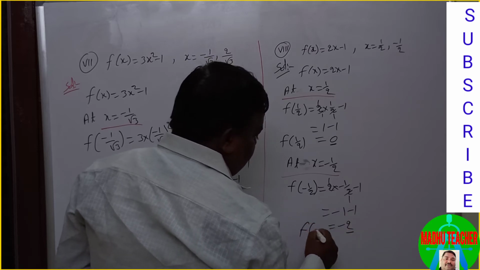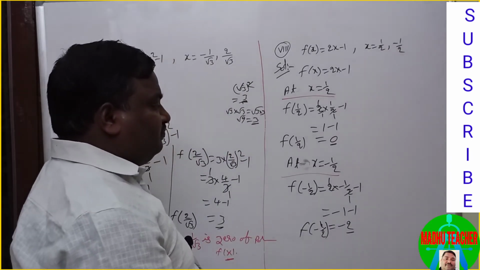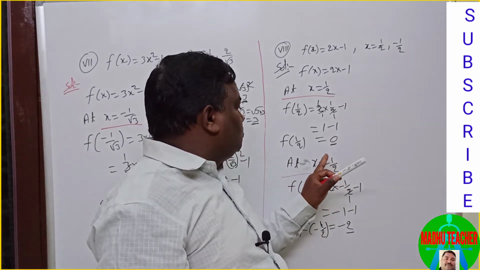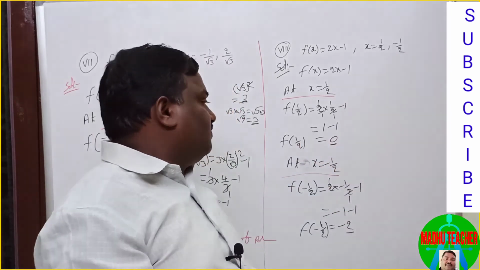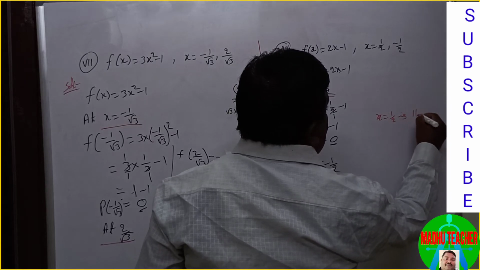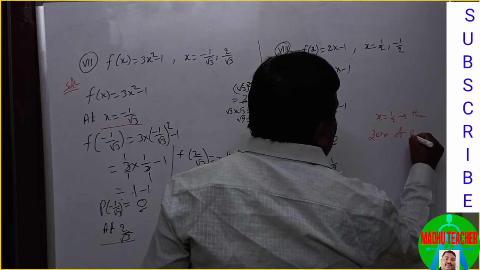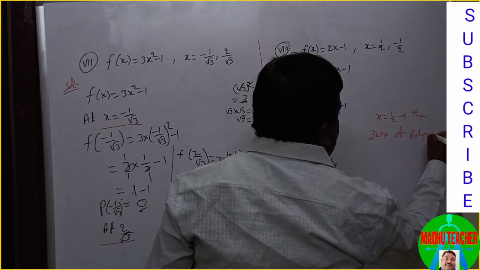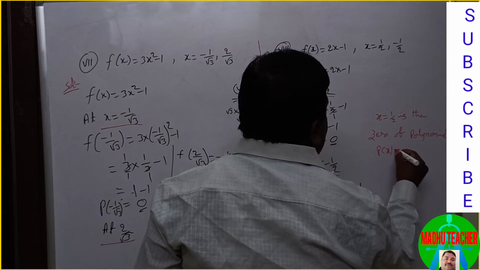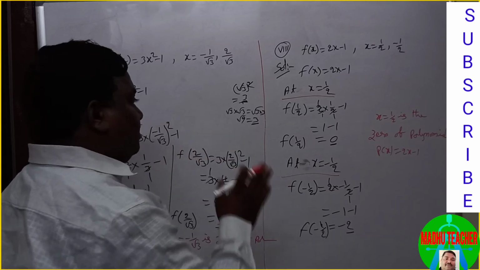So f of minus 1 by 2 equals minus 2. At x equal to 1 by 2, we got 0. Therefore x equal to 1 by 2 is the 0 of polynomial P of x. Or you can write P of x equal to 2x minus 1. Here also you can write like that.